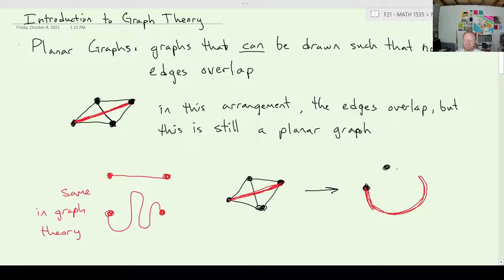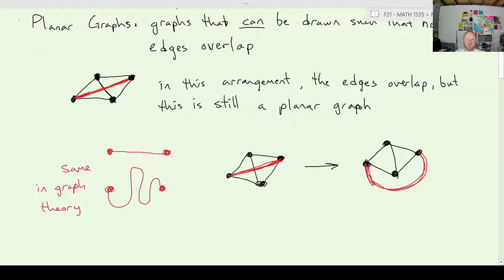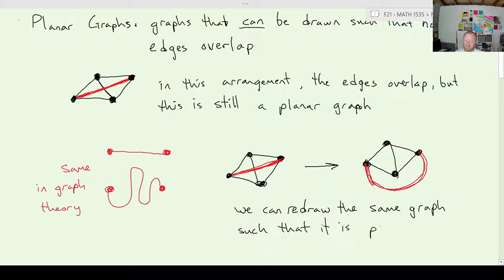So then we can say the graph is planar. So I managed to redraw that graph to show that it is a planar graph.